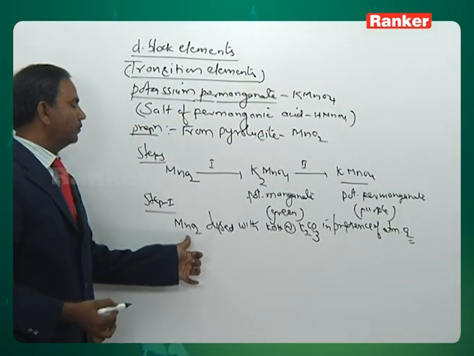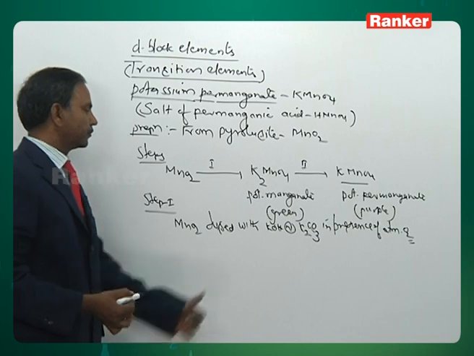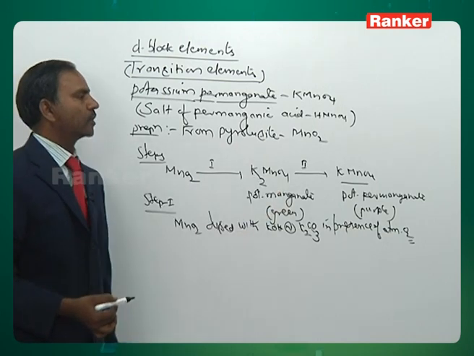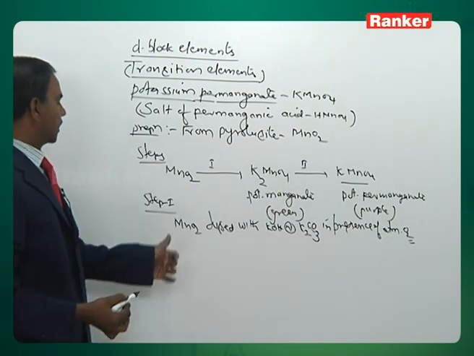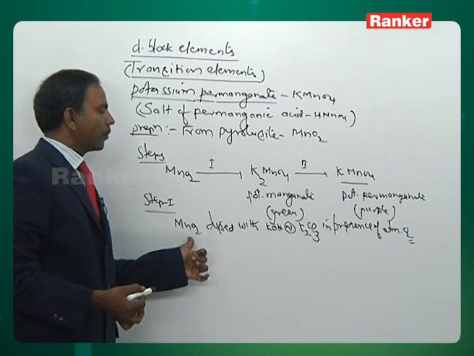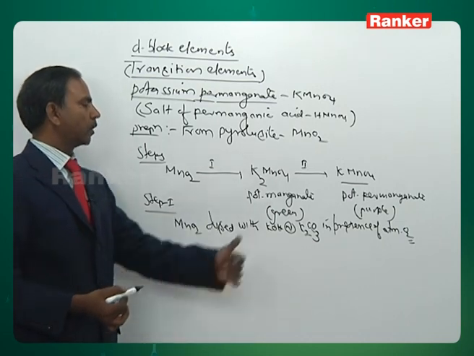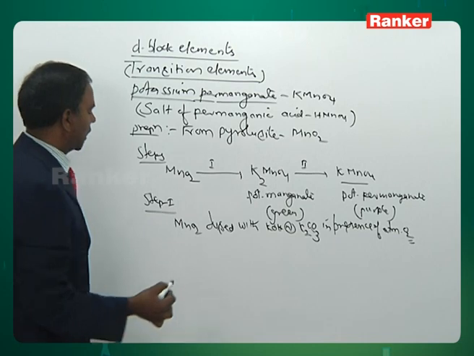First potassium manganate is produced, and then potassium manganate is oxidized to potassium permanganate. Let us see the first step, how pyrolusite can be converted into potassium manganate.